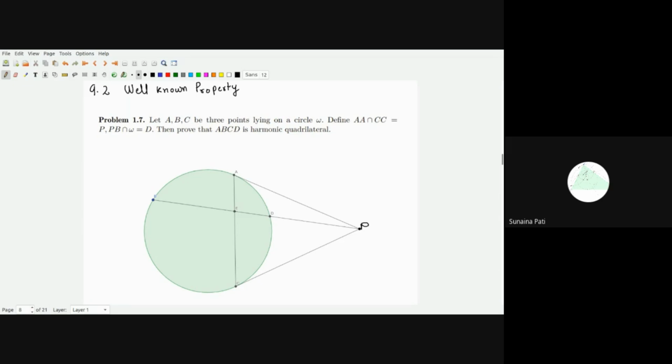AA and CC are used in solutions, but AA is the tangency line, the line tangent to the circle omega at point A. Usually it's thought of as the line containing AA, both points being A, so it slowly becomes the tangent. It's sort of similar to how you do differentiation.